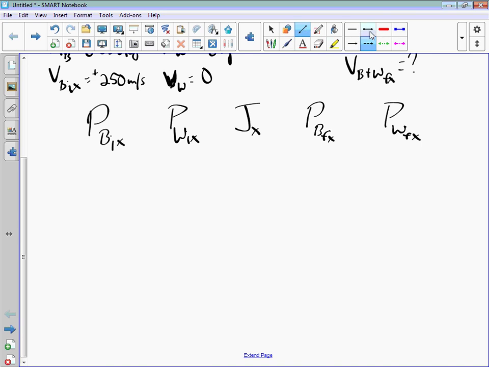I'm going to put some sort of an axis here. Oh man, that went all wonky. And this level can be 0. This can be positive. I'll make a bar that represents the momentum of the bullet initially.